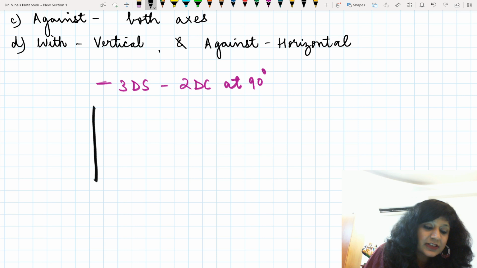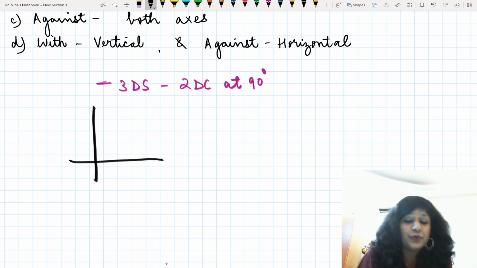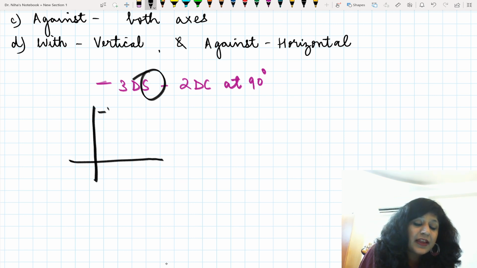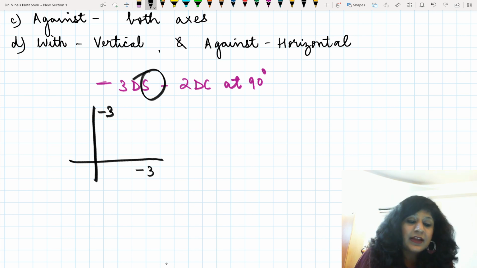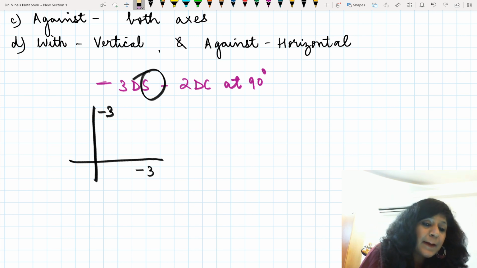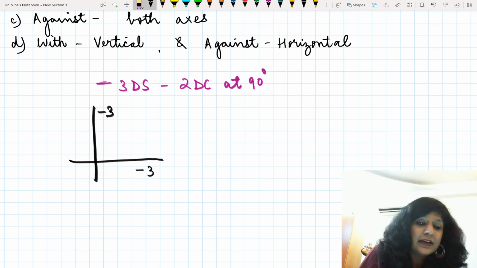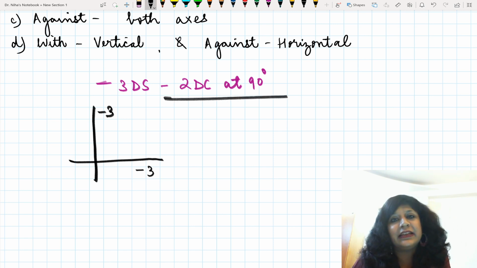So here is the retinoscopic finding. How will you do it? This is spherical, right? Spherical means equal in all the axes. So -3 will be in this plane also and -3 in this plane also, right? Now they are saying that it is -2 cylinder at 90 degree, right?